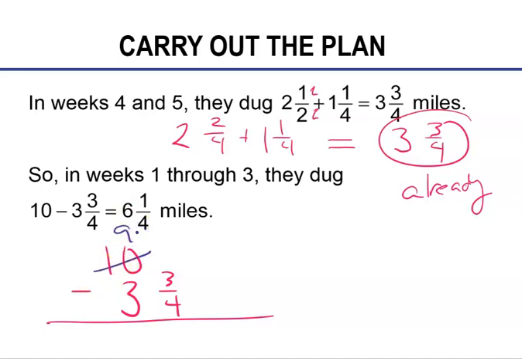I'm borrowing 1, but how do I write 1 with a base or a denominator of 4? Well, it'd be 4/4, right? 4/4 is 1. So 10 is equivalent to 9 4/4. And now I subtract 4/4 minus 3/4 is 1/4. And then 9 minus 3 is 6. So that's where that 6 1/4 comes from. So in the first 3 weeks, they dug 6 1/4 miles.